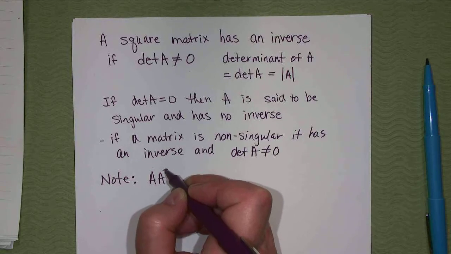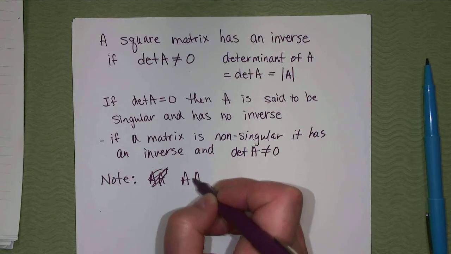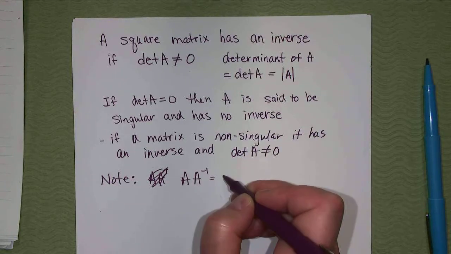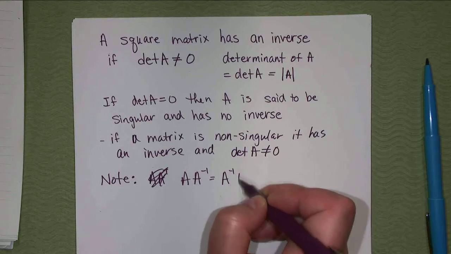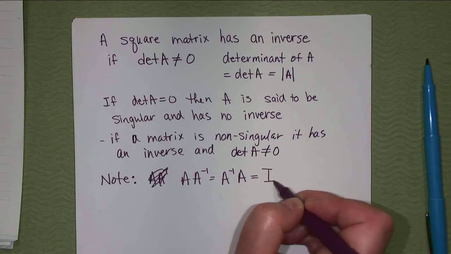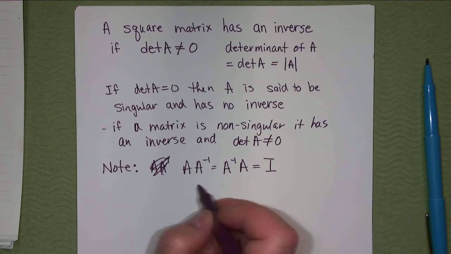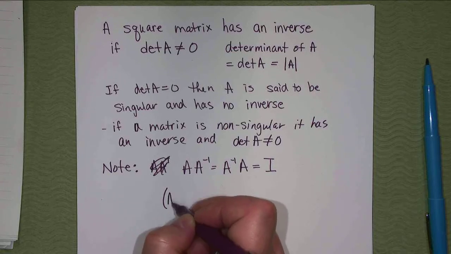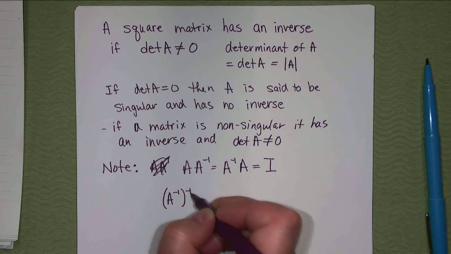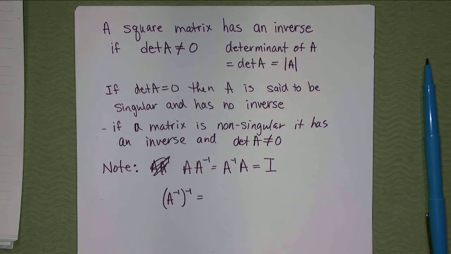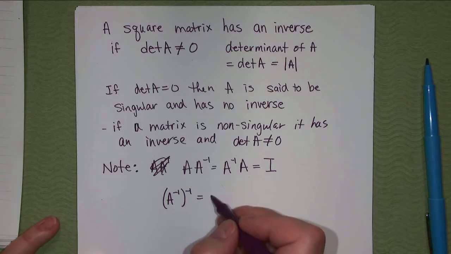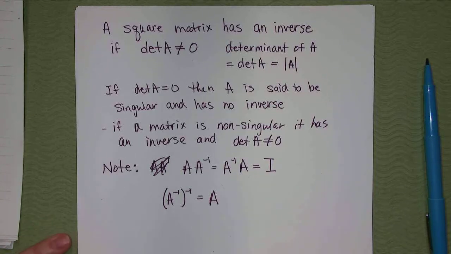A times A inverse is equal to A inverse times A, which is equal to I. What about the inverse of A inverse? What do you think? A, yeah, good. Take the inverse and then the inverse again, you'd be back to where you started.